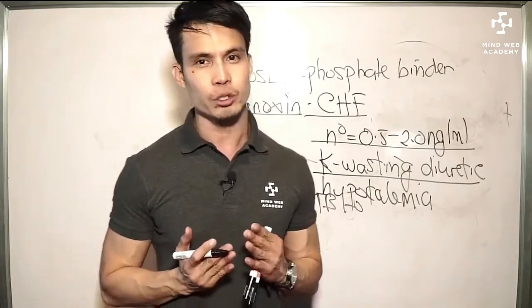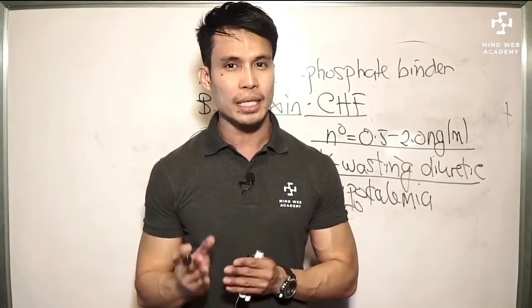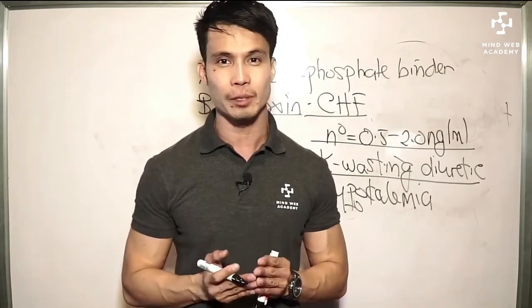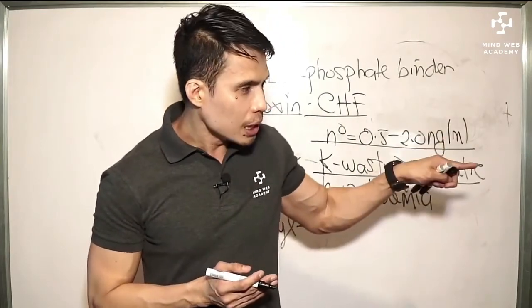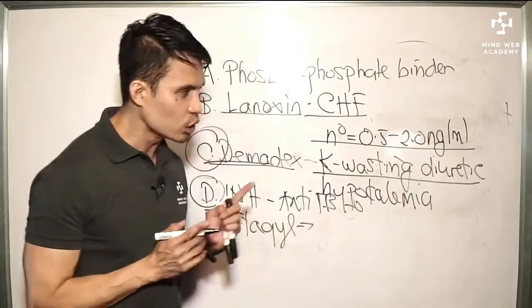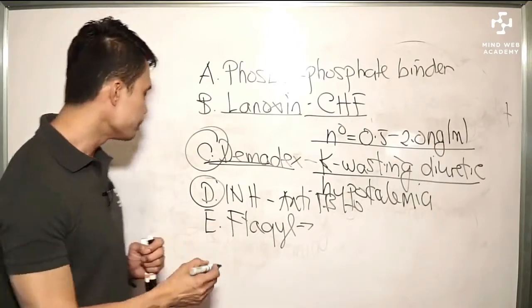Your white blood cell count should be within 5,000 to 10,000, and 15,000 is expected for infection, right? So Flagyl will answer your infection. So I don't need to question letter E.